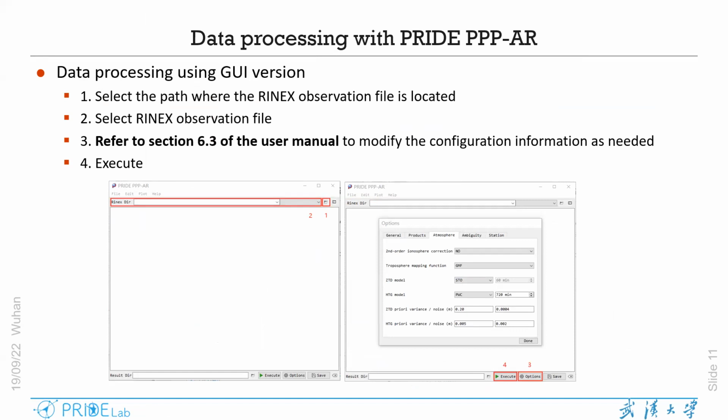So you need to pay attention to whether the configuration is correct when using the GUI version. The method of modifying configuration information in the GUI version can be found in the user manual, and we will describe it in the next lesson.